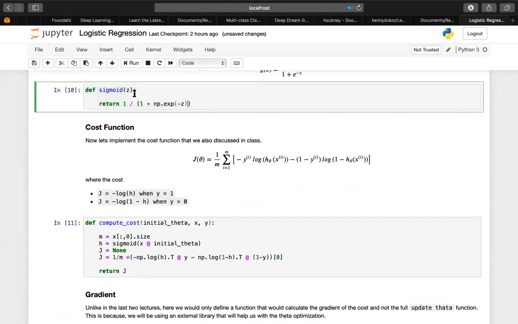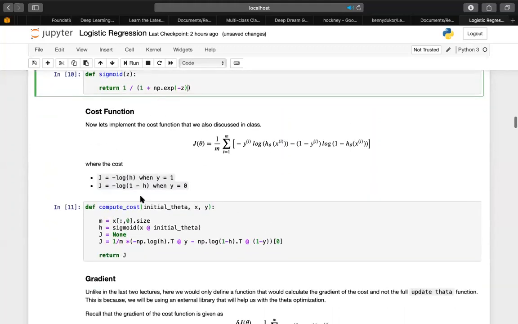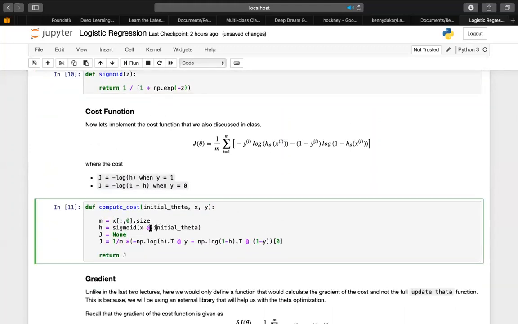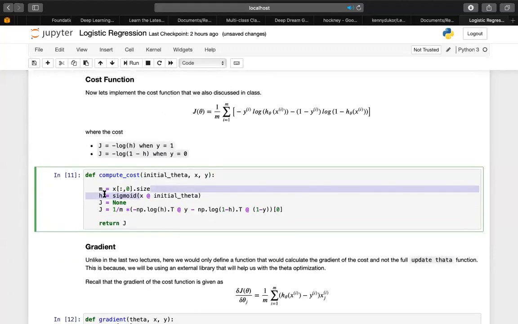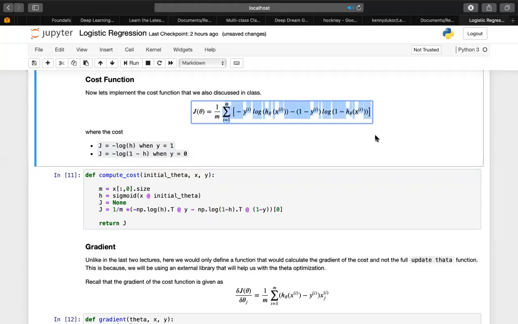The z in our sigmoid function is basically theta transpose times x. That's what we computed here, theta transpose times x, and that gives us our h. And then we pass this h into our formula for the cost function, which uses the maximum likelihood estimation, the negative log likelihood. And then we have our J, right?